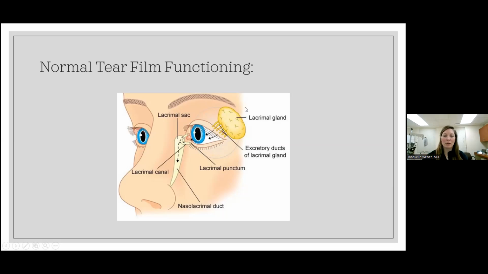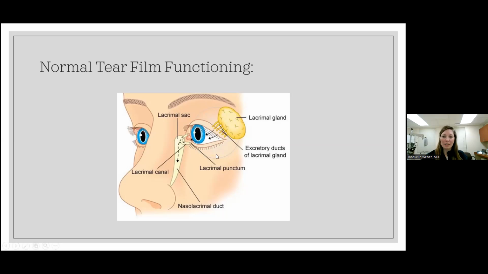So in the normal course of about 20 to 30 seconds, your gland, the lacrimal gland, has made the tears. They've secreted onto the surface of the eye. They've blinked across and traveled over in towards the inner nose. And at that point, they've been directed down the drain to go into either the nose, the sinuses, or the back of the throat.